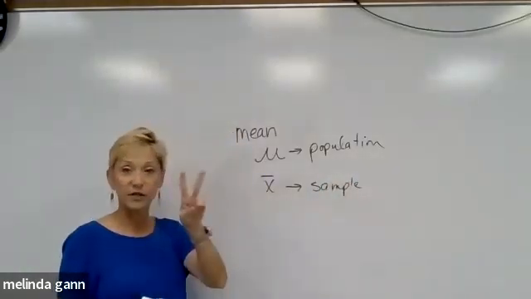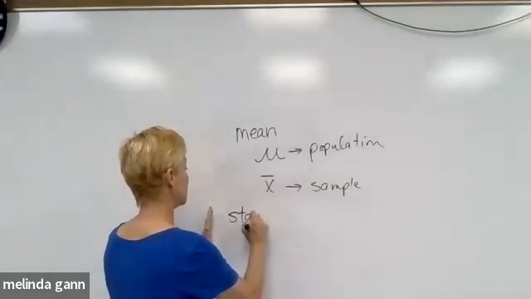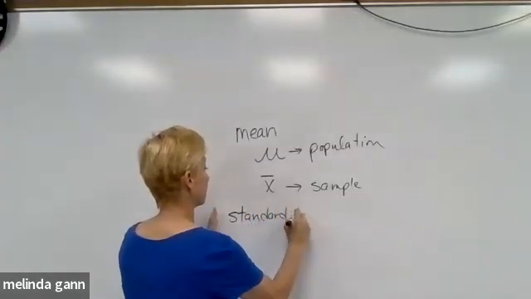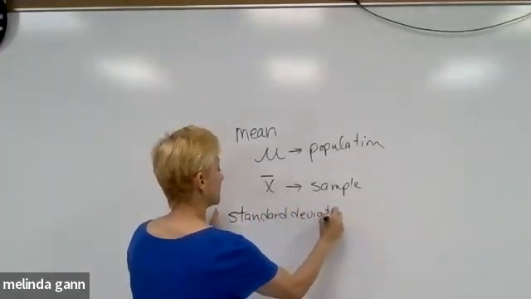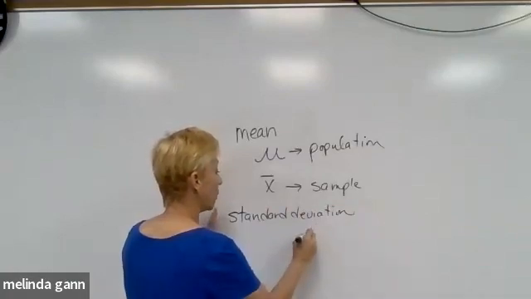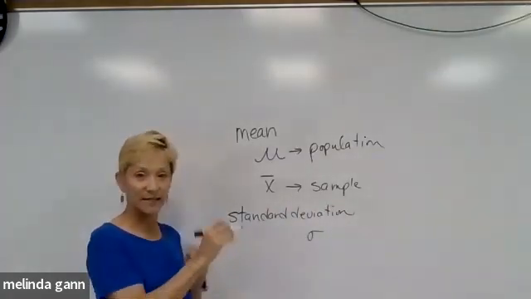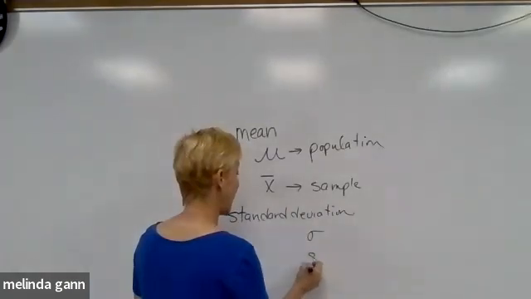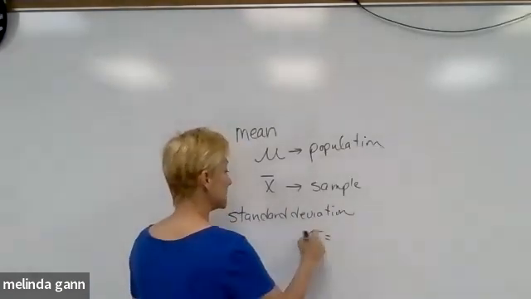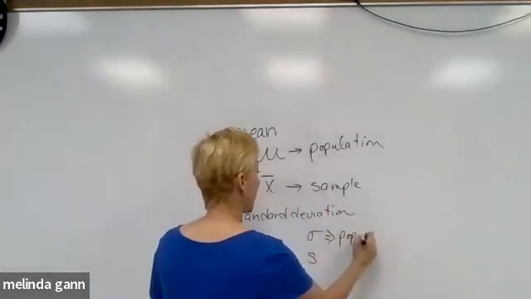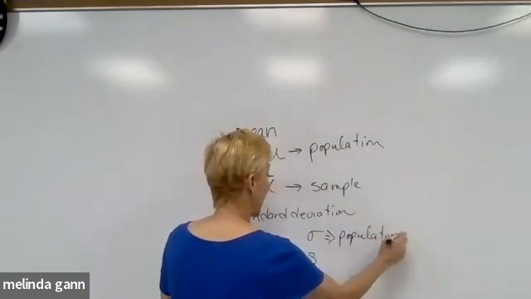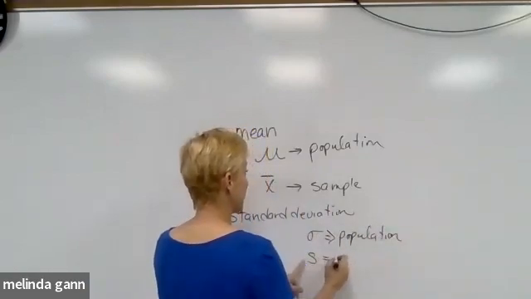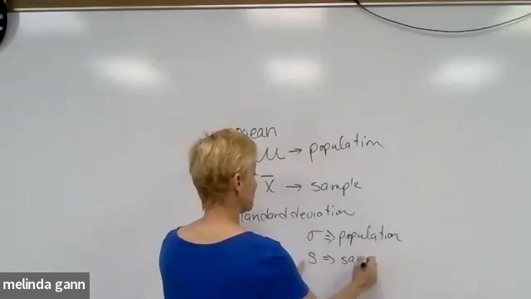Okay, there are 2 symbols for standard deviation. All right, they are a lowercase sigma, just kind of like a 0 with a little tag on it, and then an S. All right, sigma is the one that comes from a population, and S is a standard deviation that comes from a sample.